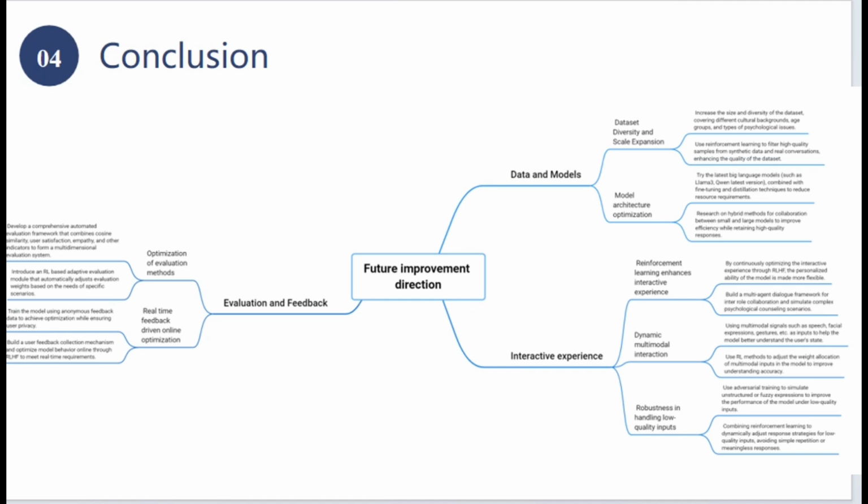We can use AI to screen high-quality samples from synthetic data and real conversations to enhance the quality of the dataset. In terms of model architecture optimization, try the latest fine-tuned models and research hybrid methods for small and large model collaboration.